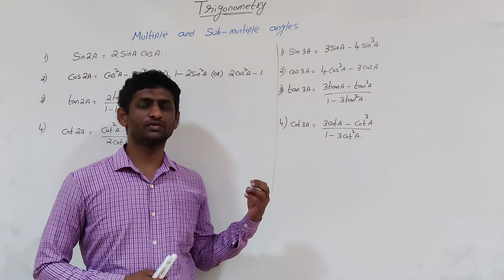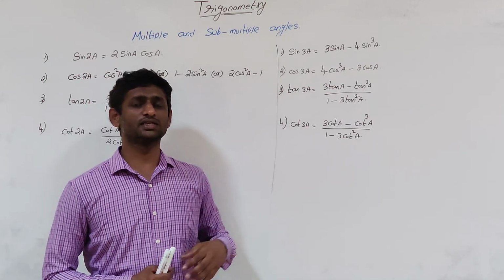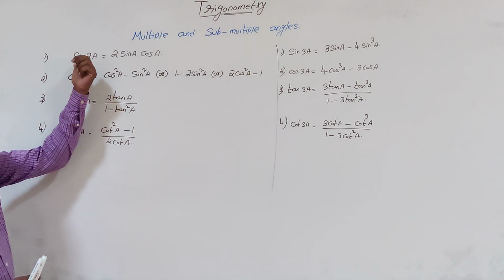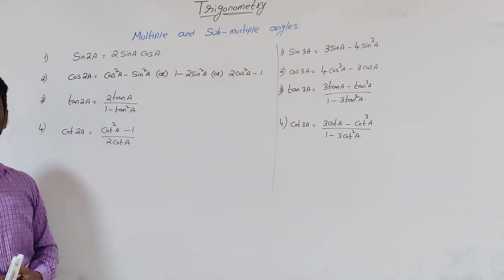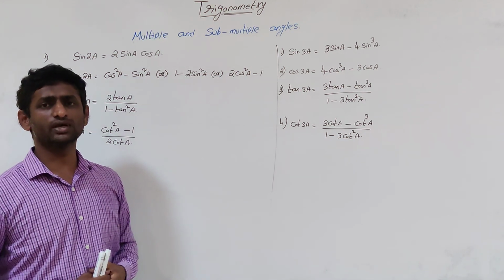So far we have discussed and proved the multiple angles, that is 2A and 3A. So let us recollect once: sin 2A is 2 sin A cos A, cos 2A is cos square A minus sin square A, or 1 minus 2 sin square A, or 2 cos square A minus 1.